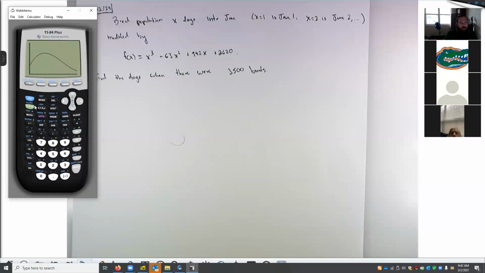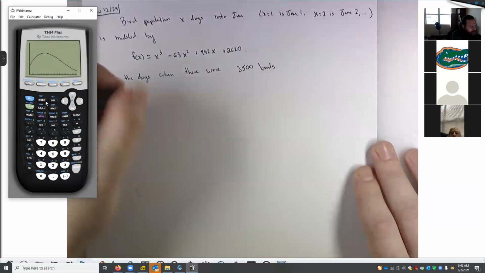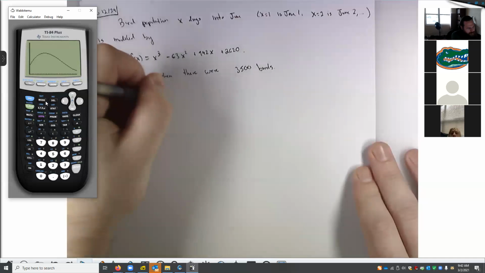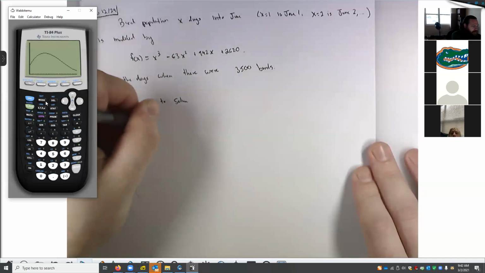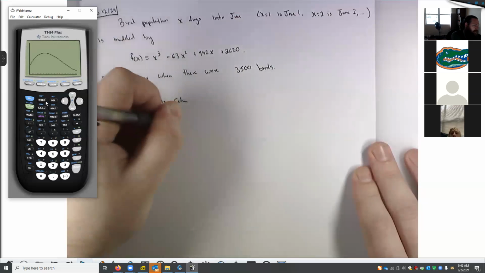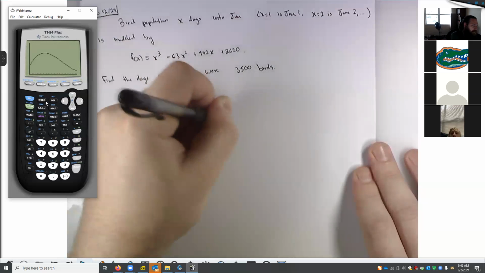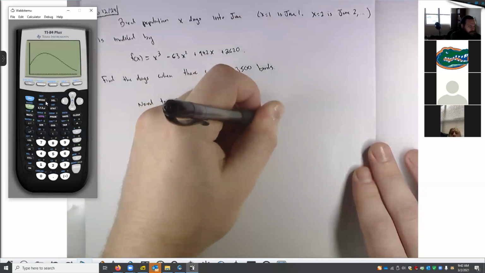What we want to try to do is solve the equation x cubed minus 63x squared plus 942x plus 2620 equals 3,500.